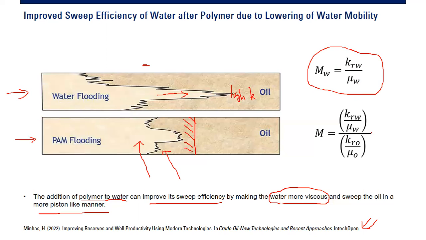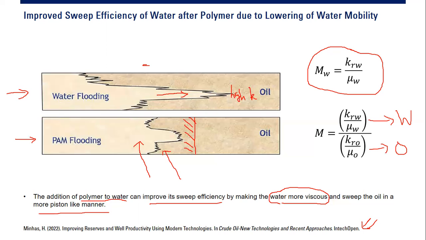But now if you compare the mobility of the water, the displacing fluid, with the oil, the displaced fluid, now you have the mobility ratio, M. In general, you expect the mobility ratio of 1, meaning water and oil have the same mobility. Okay, and you will get piston-like displacement.